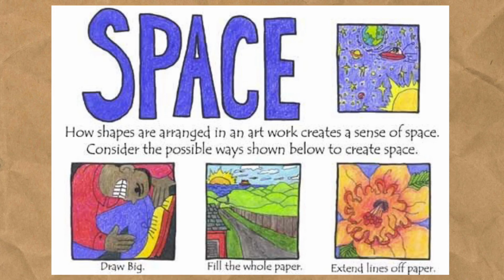The following examples show how shapes arranged in an artwork create a sense of space. Consider the possible ways shown below to create space. Draw big, fill the whole paper, extend lines of paper.